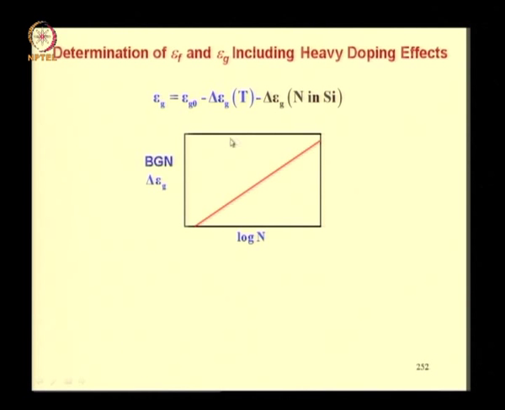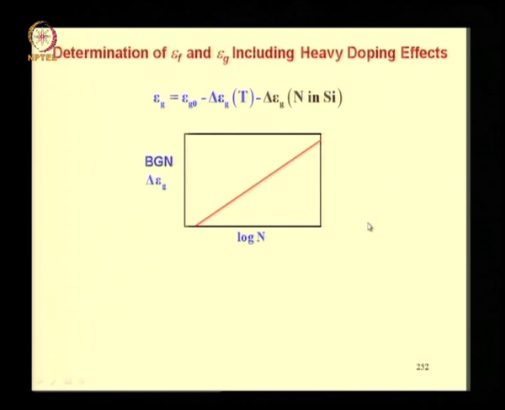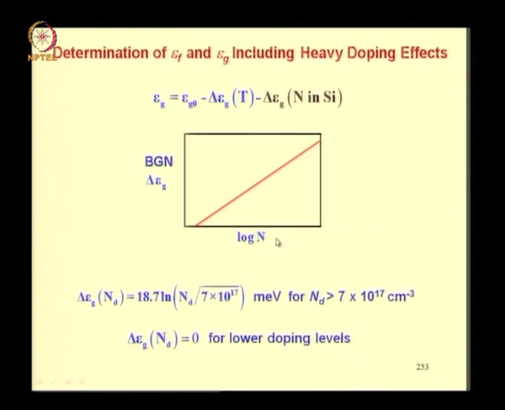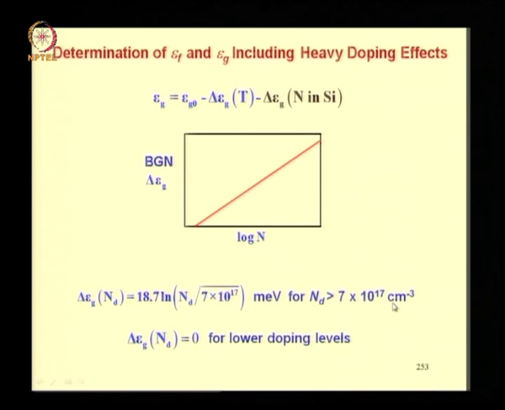It turns out that for both donor and acceptor, delta Eg as a function of log N is close to a straight line, and therefore the form of expression is as follows: delta Eg as a function of Nd, if you have donors, is equal to 18.7 times logarithm of Nd divided by 7 times 10 power 17, where this quantity Nd is in per centimeter cube, so many milli electron volts, for Nd greater than 7 times 10 power 17.